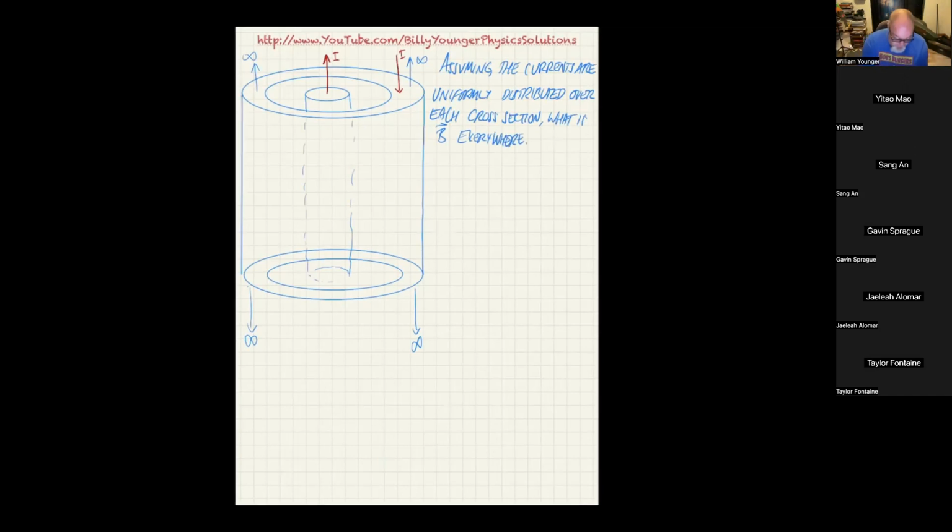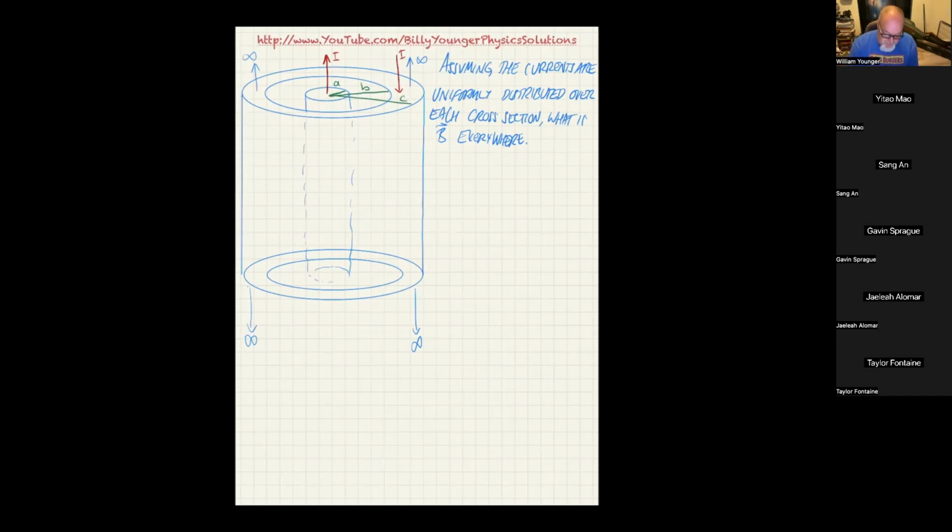And that's really what a coaxial cable does to some extent. I'm going to also say that this radius is A, this radius is B, and this radius is C. From that, you can see we're basically going to have a magnetic field inside it that's counterclockwise as seen from above.